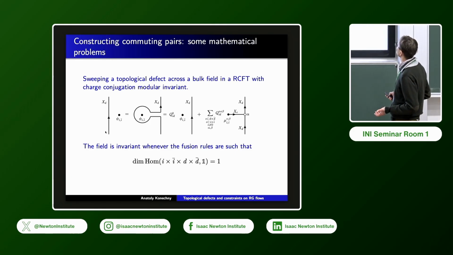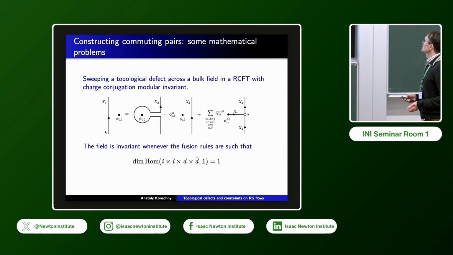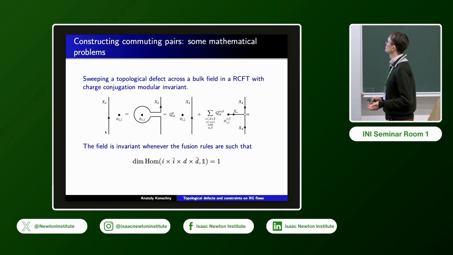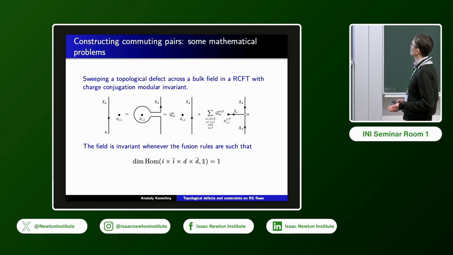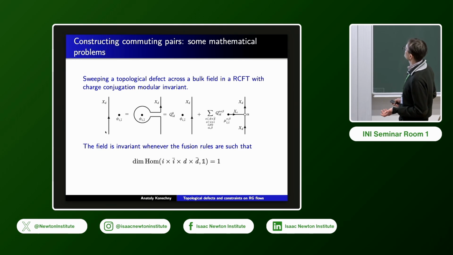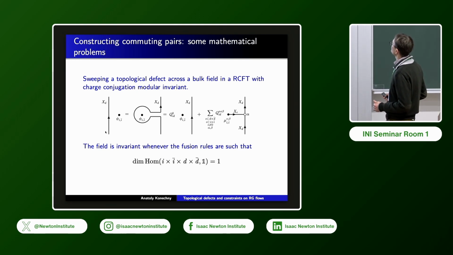So only the identity field will appear here. You can phrase that condition for the bulk concisely: the Hom from I tensor I bar tensor D bar, the identity field must be present there only once. If that's the case, then nothing appears here.